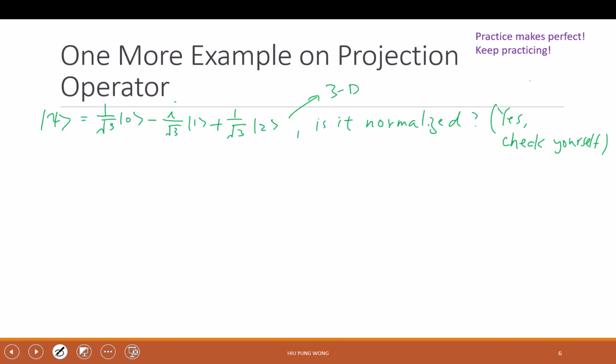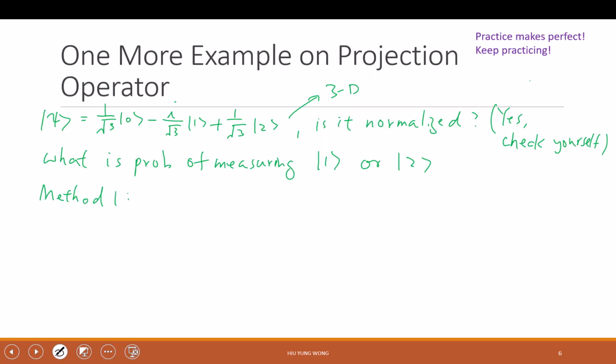Now my question is a little bit more complicated. What is the probability of measuring 1 or 2? Now it becomes just like a dice problem. What's the probability I will get 3 or 4 when I throw a die? Of course, we just use a simple method, assuming we have not learned the projection operator.